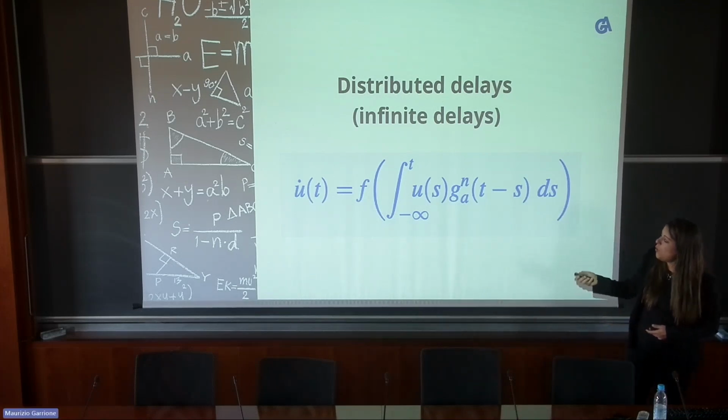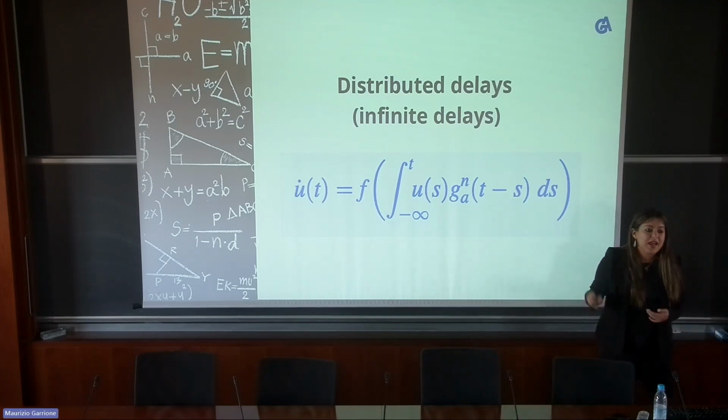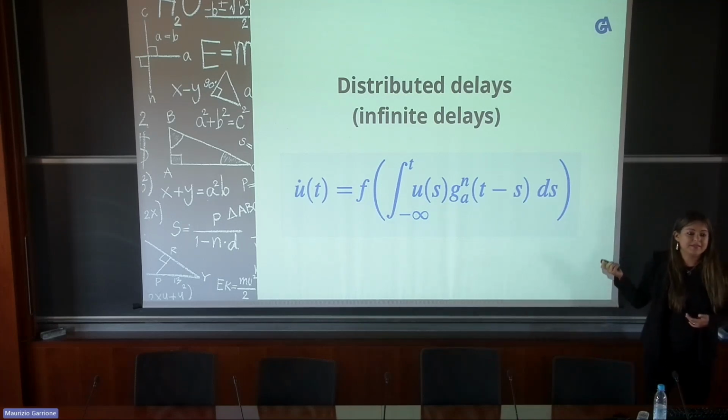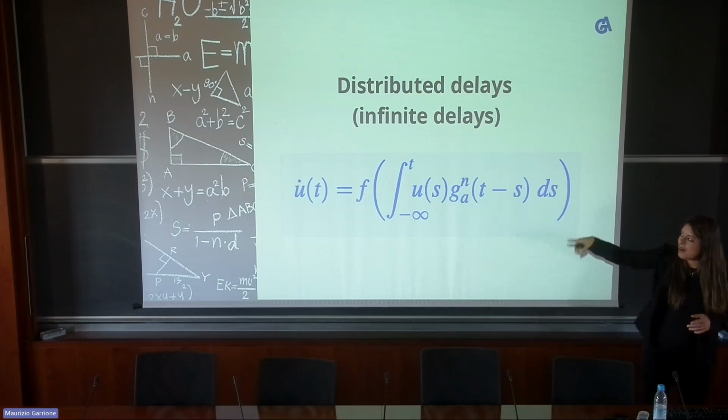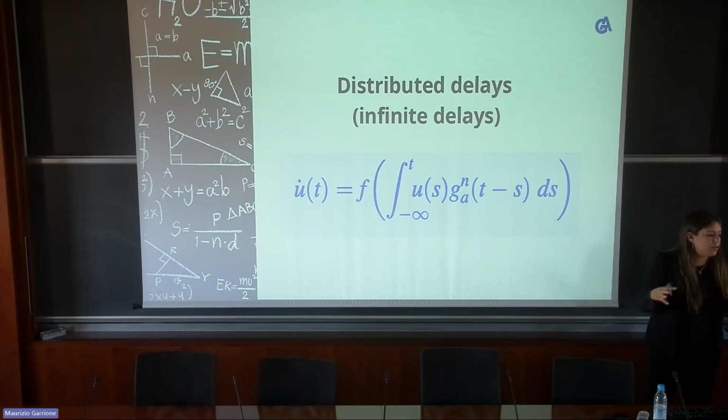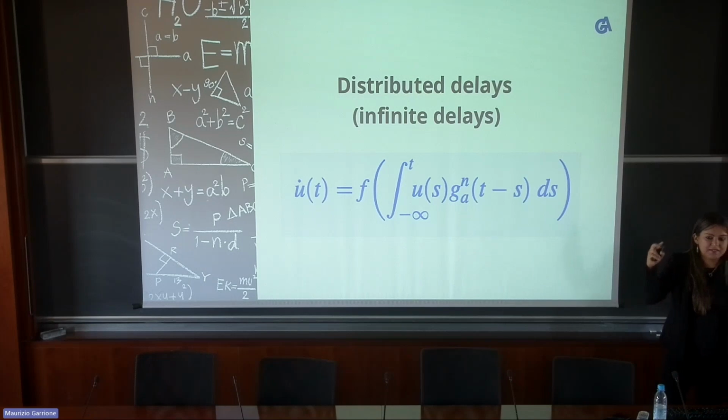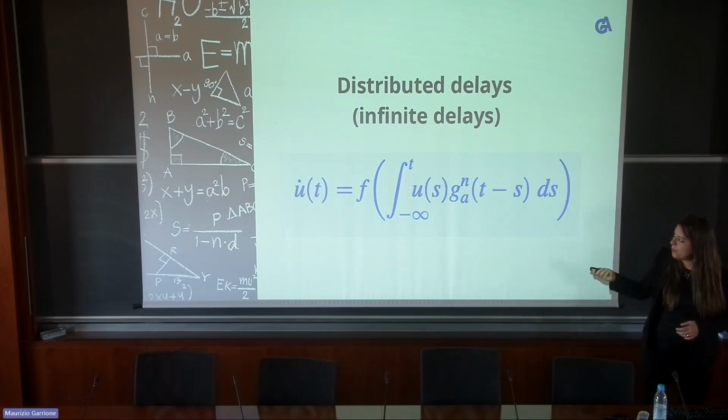So here again, we also have this type of distributed delays that appears. And usually Volterra integral equations always have something like that, where again we can have this delay in that form.